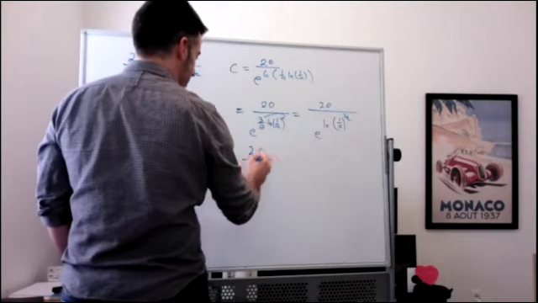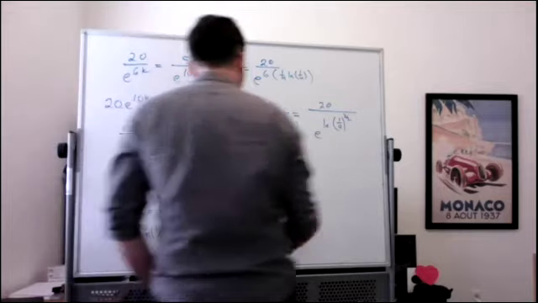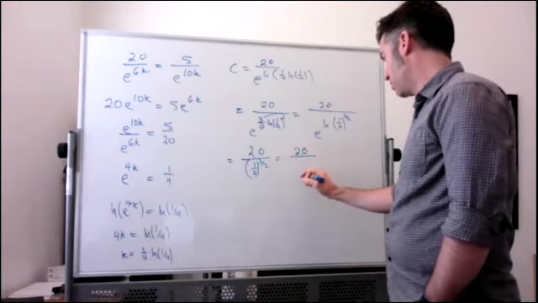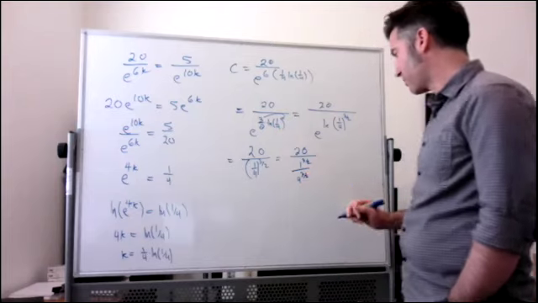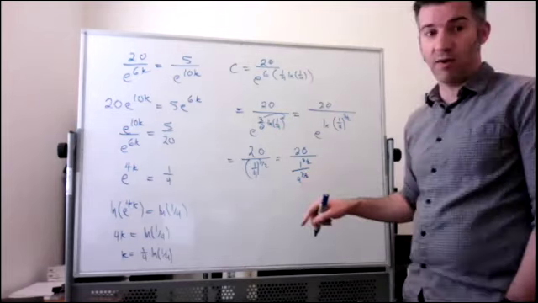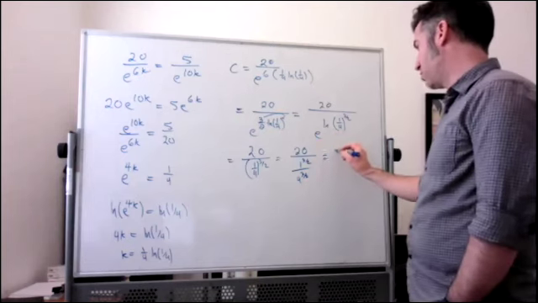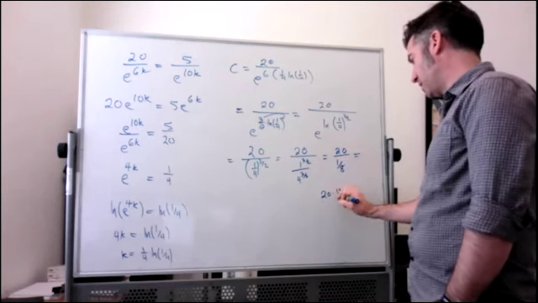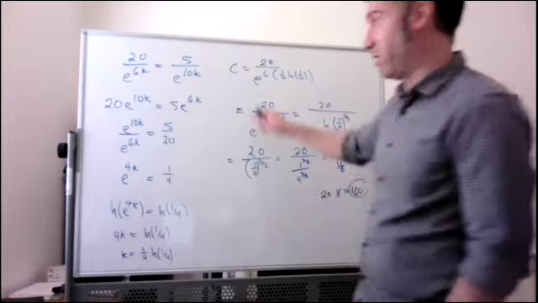This is 20 over 1/4 to the 3 halves power. 1/4 to the 3 halves power is 1 to the 3 halves over 4 to the 3 halves. 1 to any power is 1. 4 to the 3 halves power is the square root of 4, which is 2, to the 3rd power, which is 8. This is 20 divided by 1/8, which is 20 times 8, which is 160. So 160 is how many we started with.